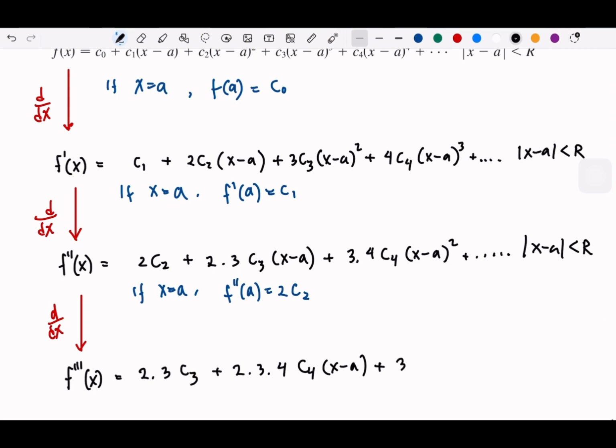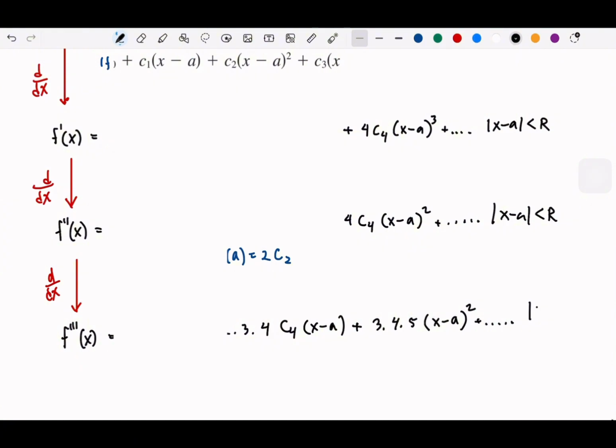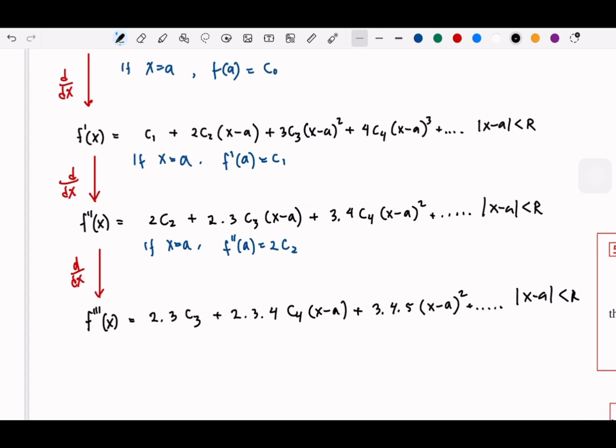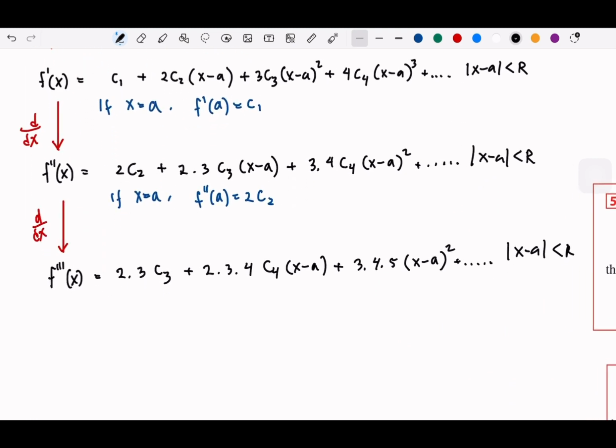We are going to have 3, 4, 5, times (x minus a) squared. And then the same idea, taking x equal a, then the third derivative of f at a will be 2 multiplied by 3 C3.